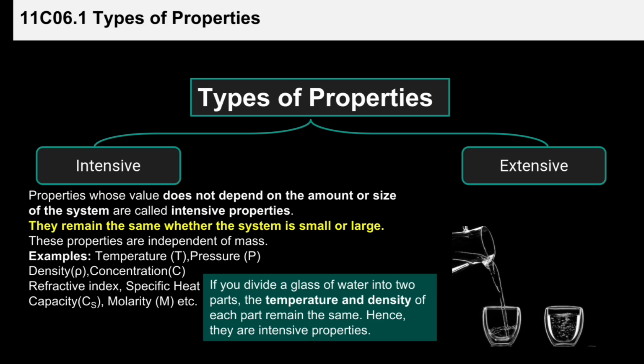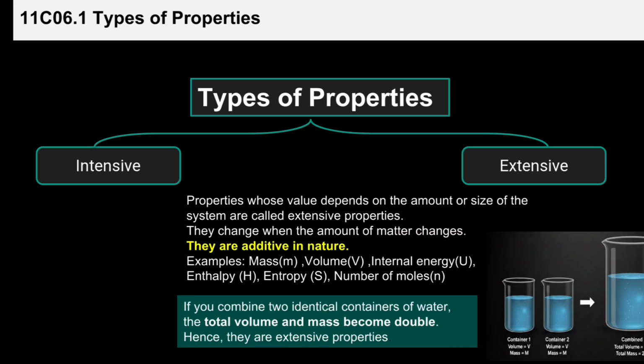The other examples of intensive properties are temperature, pressure, density, concentration, refractive index, specific heat capacity, molarity, etc. Second is extensive properties. The properties whose value depends on the amount or size of the system are called extensive properties. They change when the amount of matter changes.